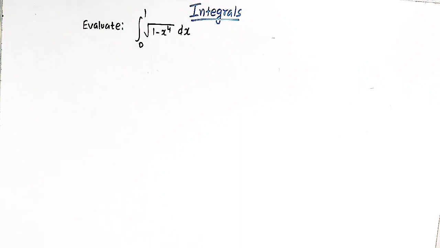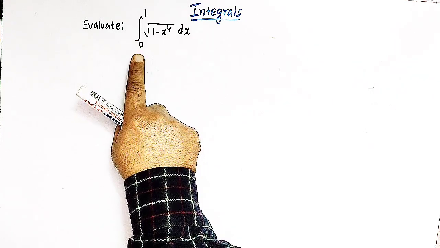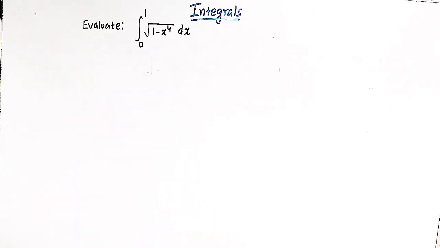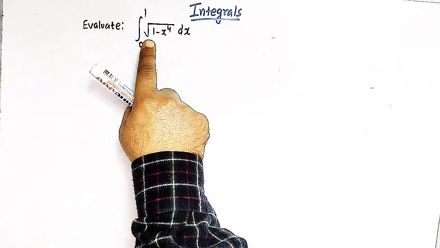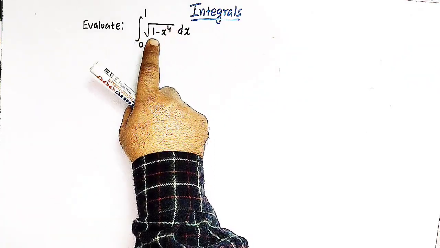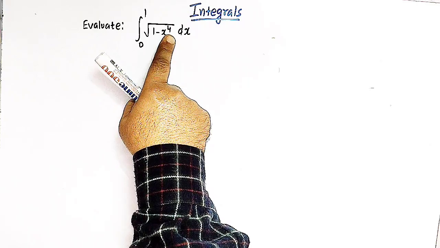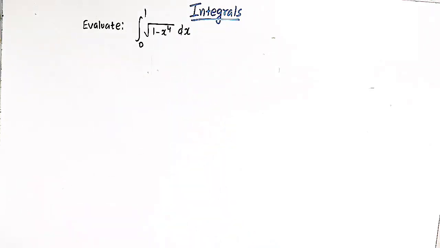Hello, viewers. In today's session, we are going to discuss another important application of beta and gamma functions to solve this given integral. So here we have to evaluate this definite integral from 0 to 1, and the integrand is the square root of 1 minus x raised to 4, and here we have dx.